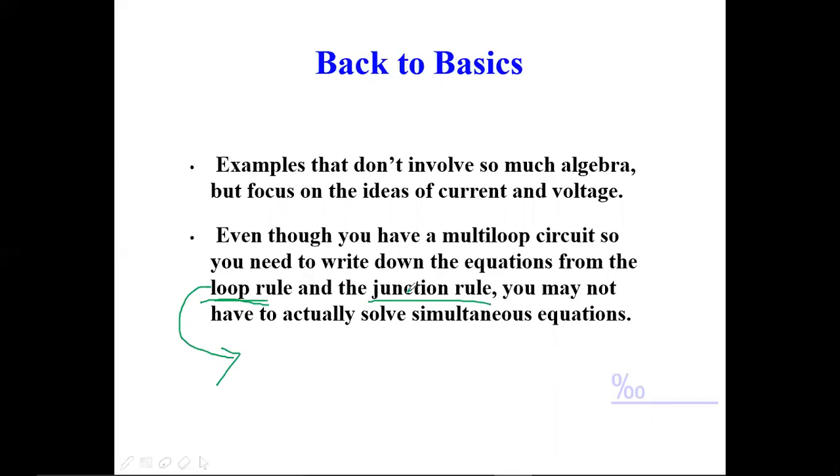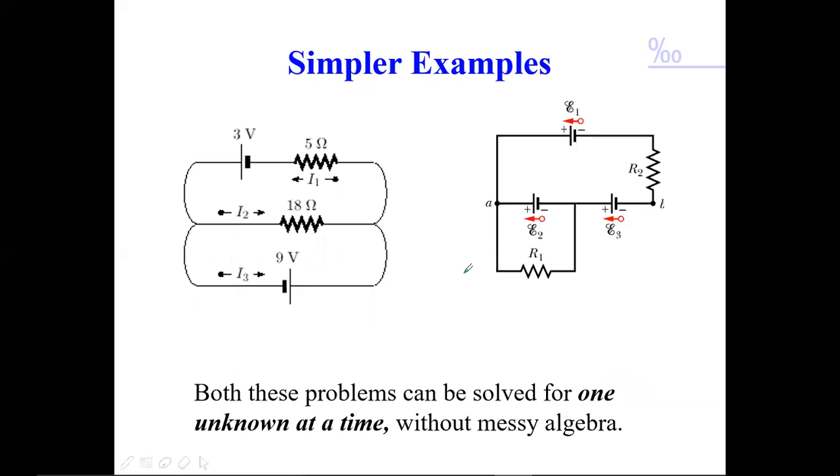While following nodal analysis also, it comes under the junction rule category. So there are very few equations to solve with these techniques, right? Simple examples. Both these problems can be solved for one unknown at a time without messy algebra. So how can you do that?